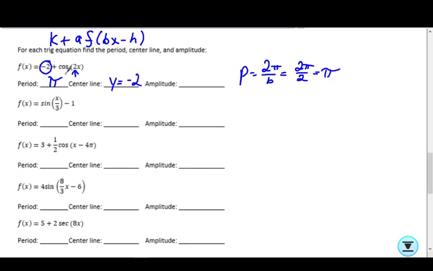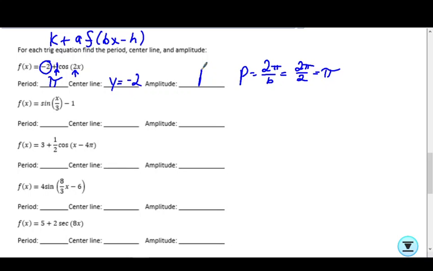So the length of my curve is pi. And then what is my amplitude? Do I have a change in amplitude at all? Nope, because A is right here in front of the cosine, and since A is not there, it's just 1, so my amplitude is 1. That's it.